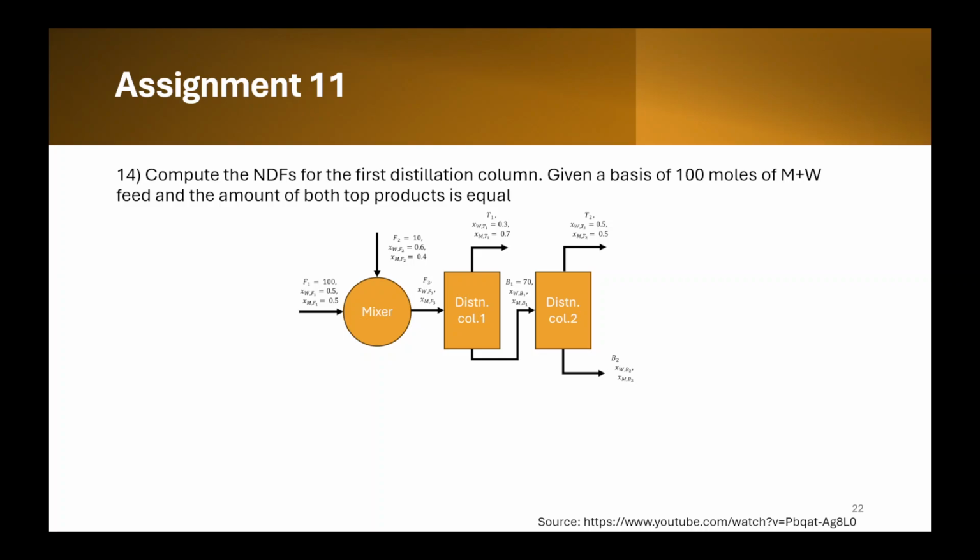Next question, compute the NDF for the first distillation column given a basis of 100. Okay, so we know the basis, but I don't think that will be necessary here.